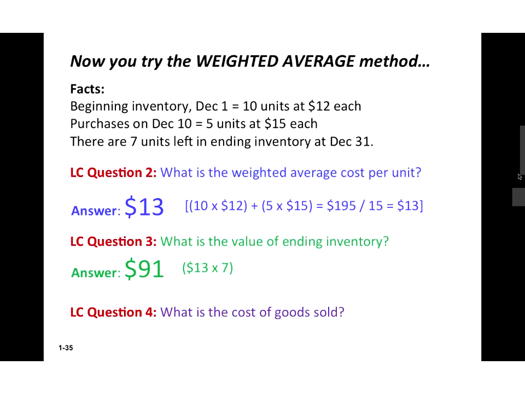Cost of goods sold is your 8 units sold times the weighted average cost.